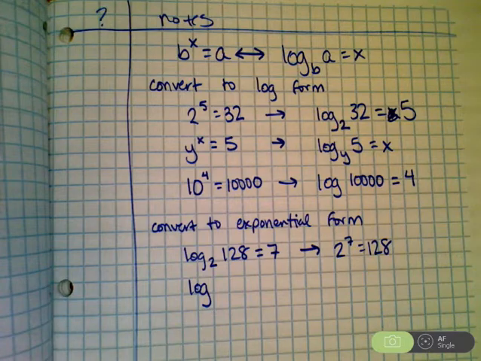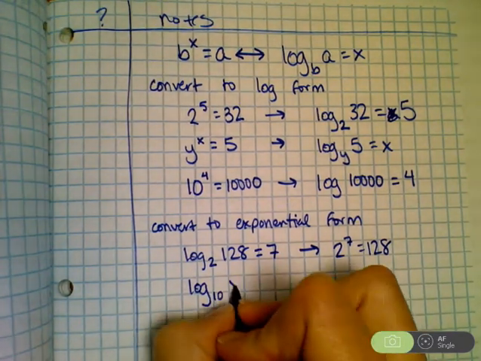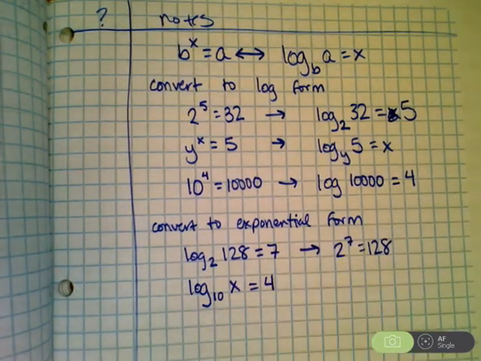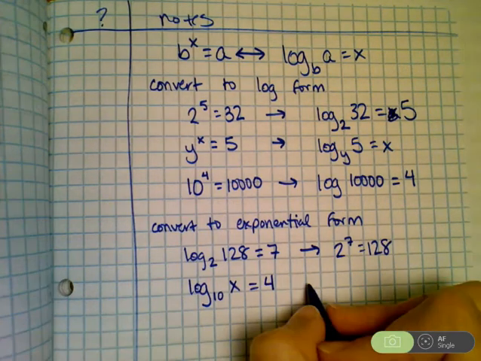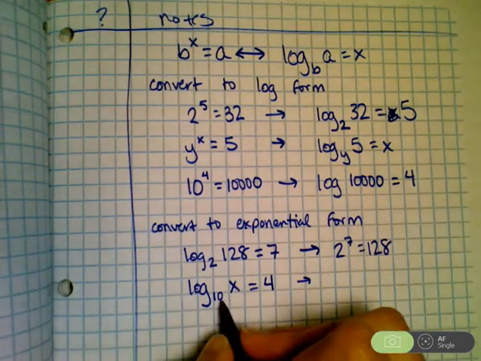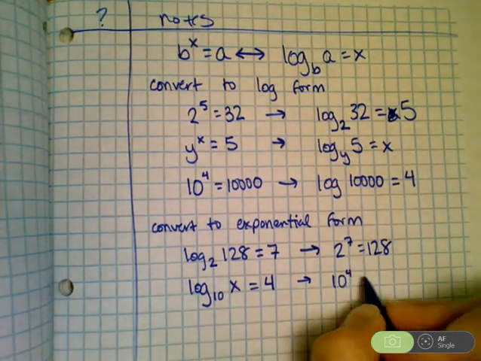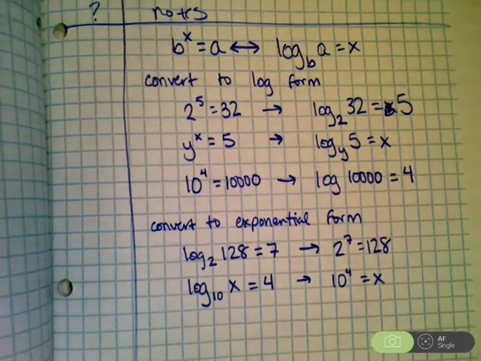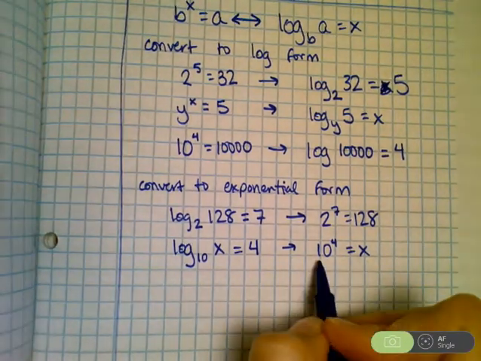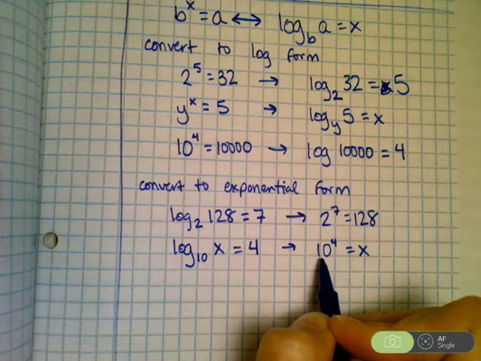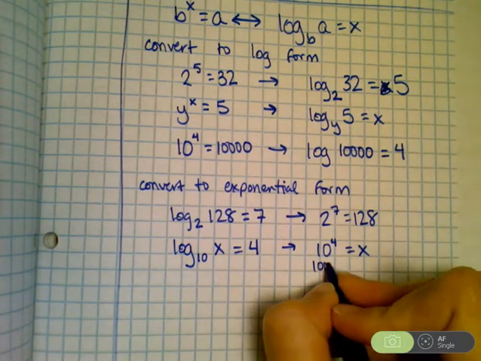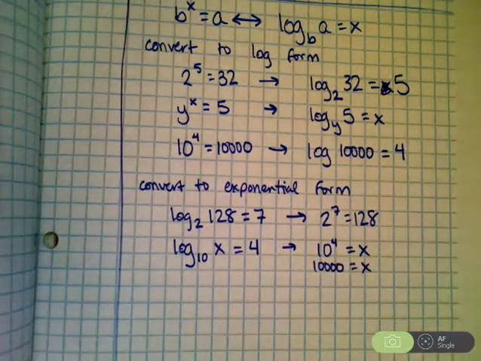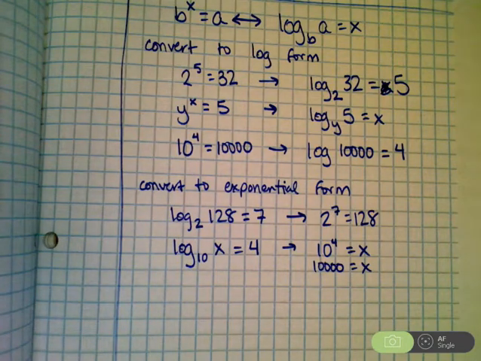If we had log base 10 of x equals 4, well, that we can rewrite as 10 to the 4th equals x. And the really useful thing then is we can actually find what 10 to the 4th is. 10 to the 4th is 10,000, so x would equal 10,000.